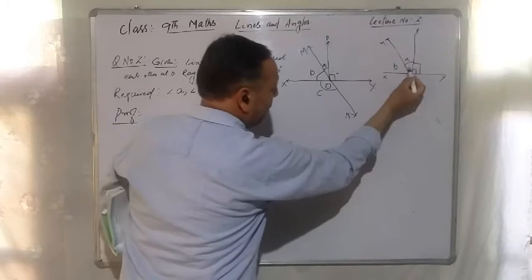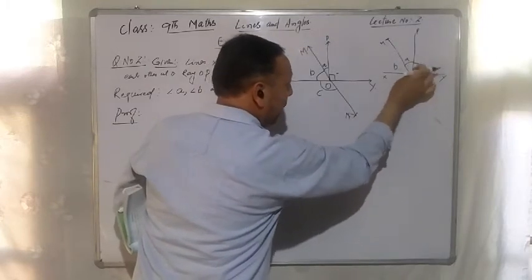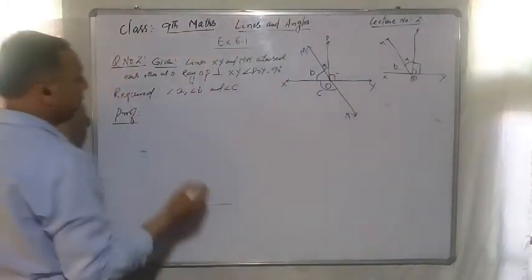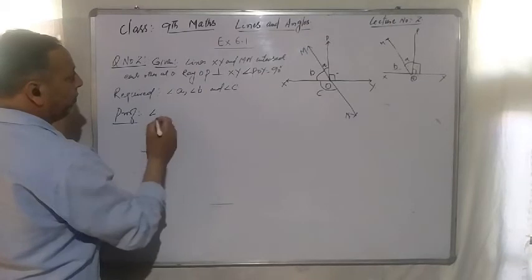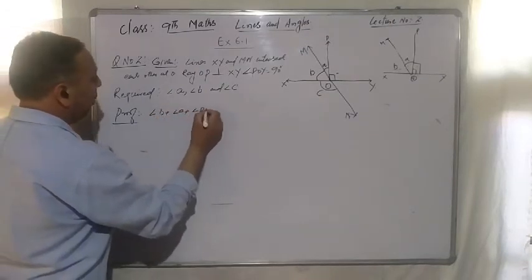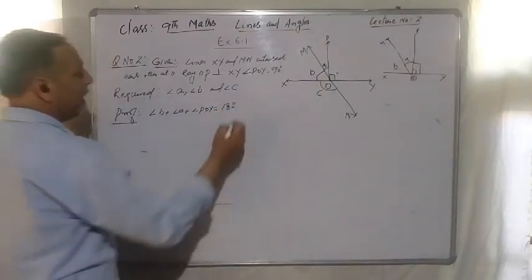So the sum of these three angles, angle B, angle A, and angle POY, will be 180 degrees, because these are angles on a straight line.